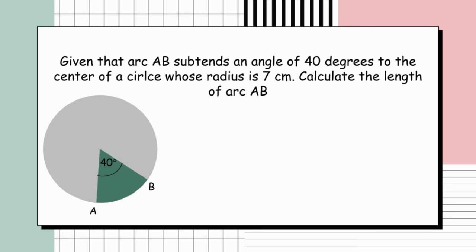Given that arc AB subtends an angle of 40 degrees to the center of a circle whose radius is 7 cm, calculate the length of arc AB. Given R equals 7 cm, angle equals 40 degrees.